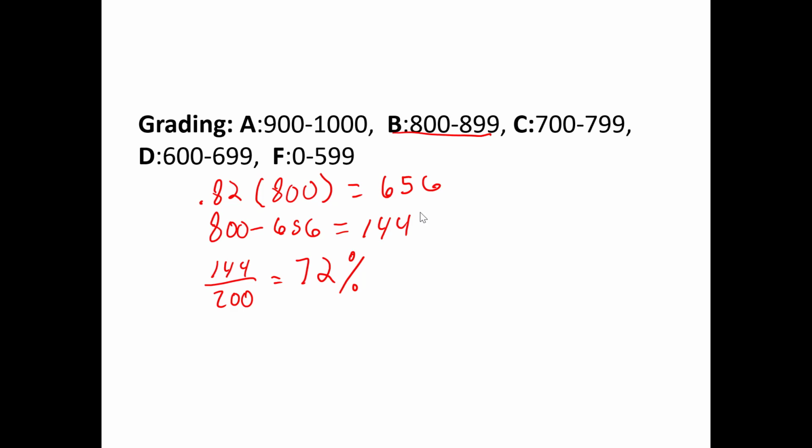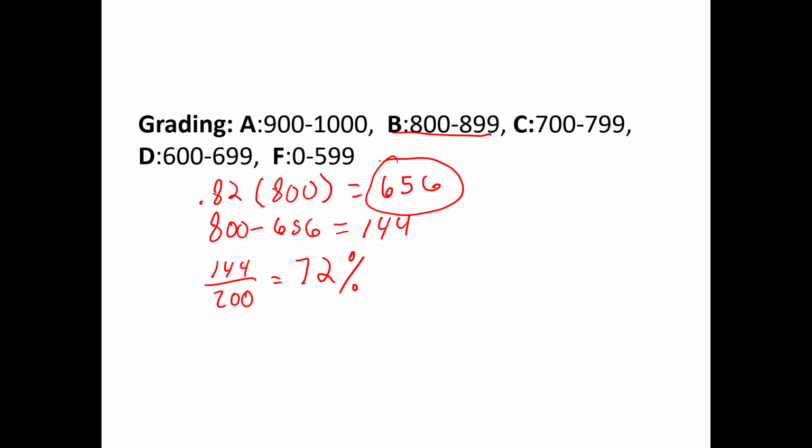So suppose you had this 82%, and you want to figure out, well, can I get an A? So again, right now you've earned 656 points, right? But let's say you had a bad day and you didn't take an exam well.